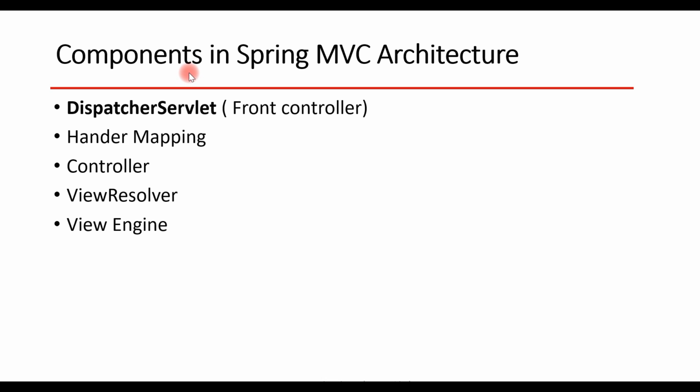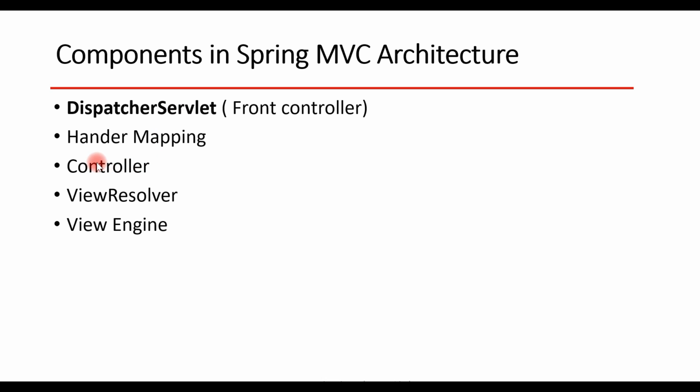Each and every request first comes to the dispatcher servlet and it will forward that request to the controllers for processing. And handler mapping is responsible for identifying which controller should process the request. Handler mapping will send the controller details to the dispatcher servlet.